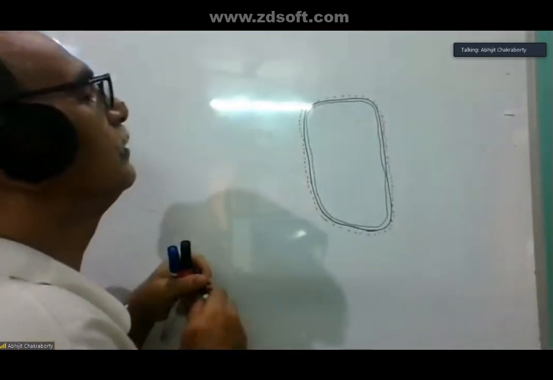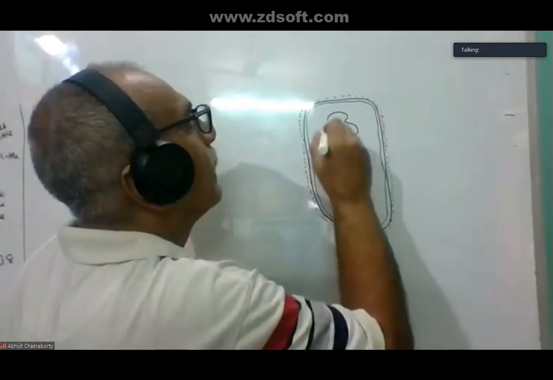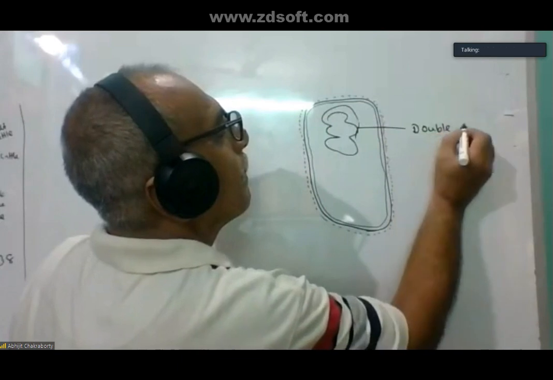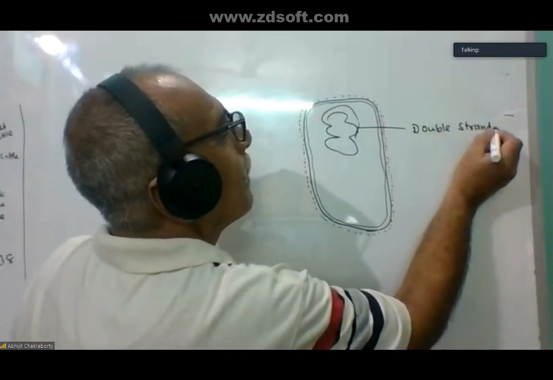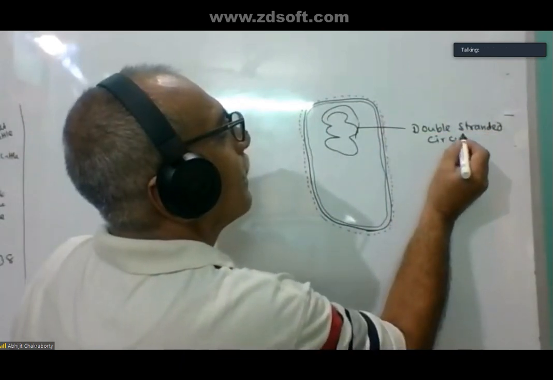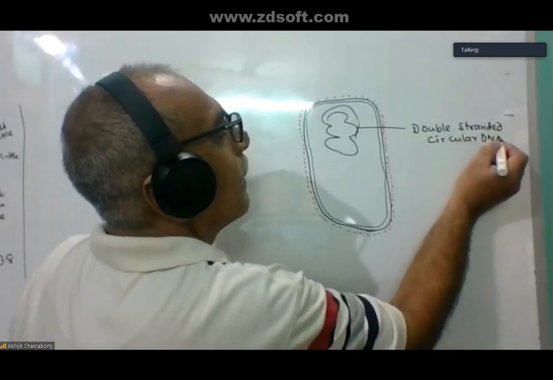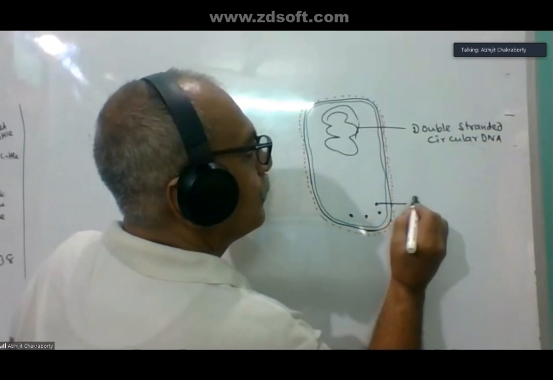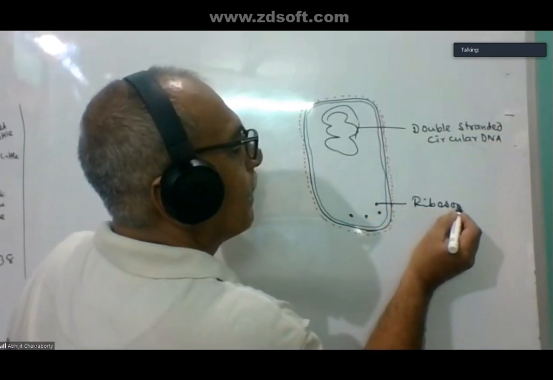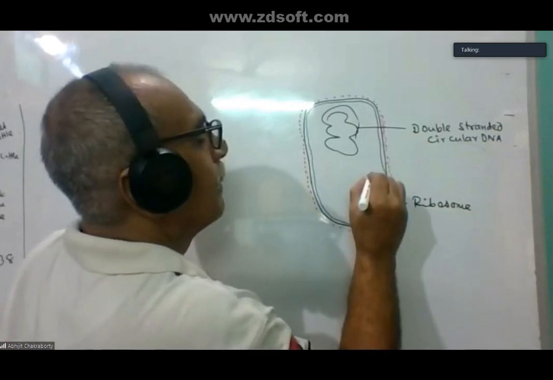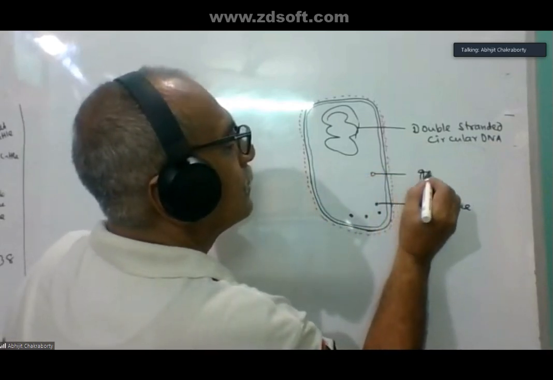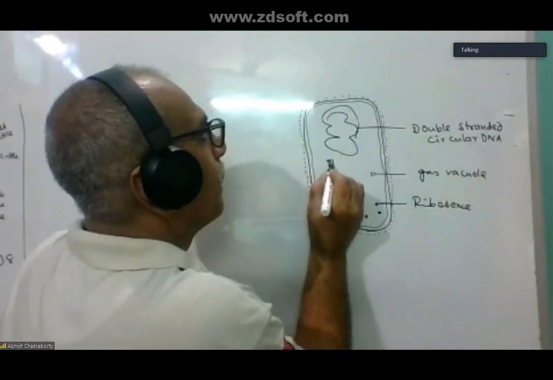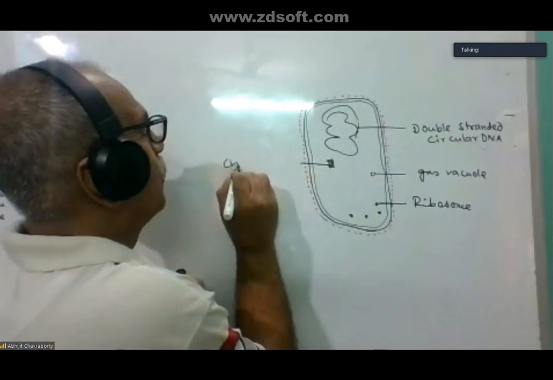Here we will get double-stranded circular DNA. The ribosome, gas vacuole, chromatophore.